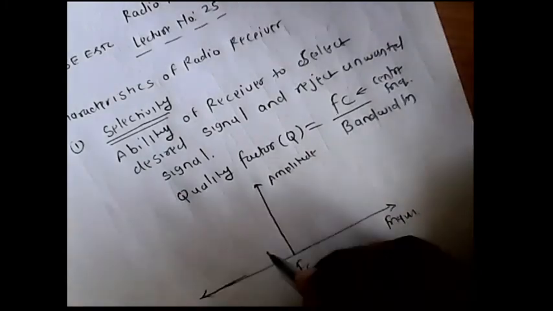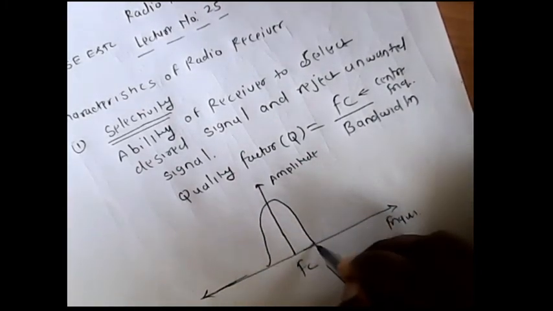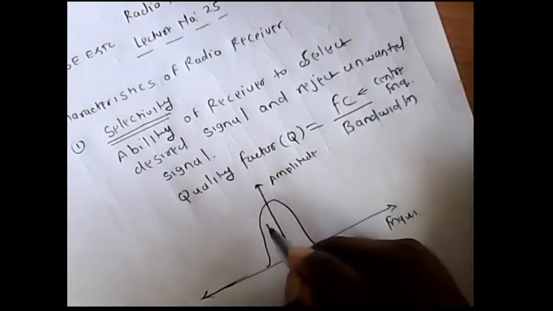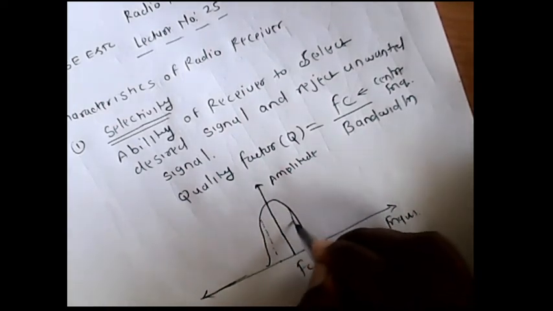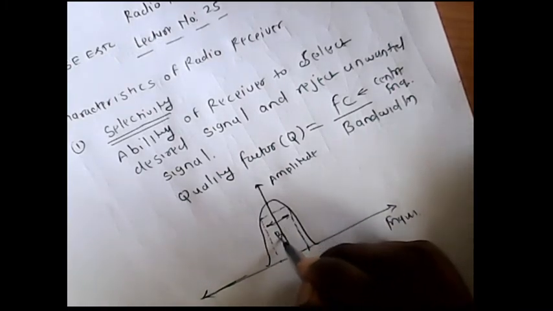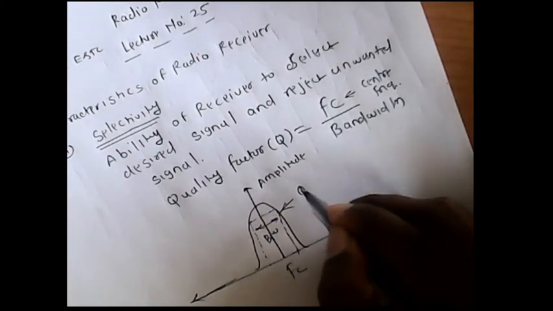If we draw a curve, this is the center frequency, and if we draw the bandwidth for this curve, this is the bandwidth. The quality factor for this is given by center frequency divided by bandwidth.